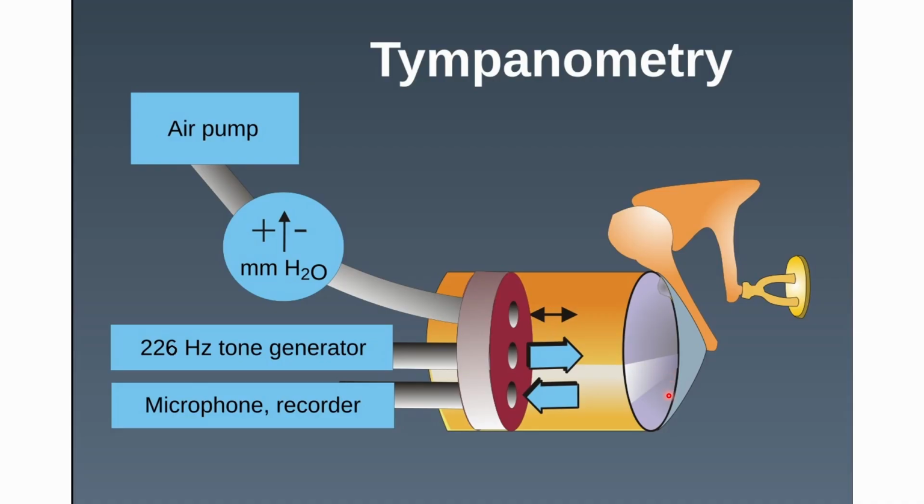Some sound energy is absorbed, while the rest is reflected back and sensed by the microphone to plot a graph. And this air pump changes the pressure from plus 200 to minus 400 decapascals, daPa, which is a unit for pressure.